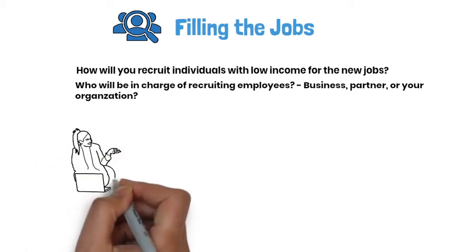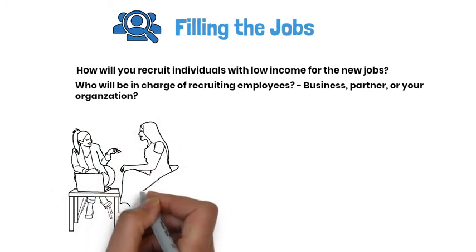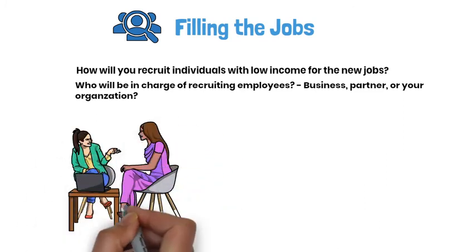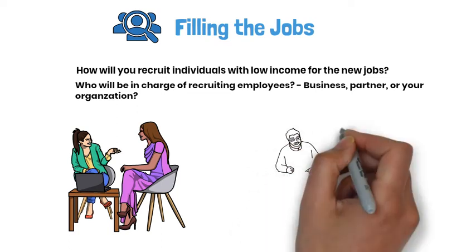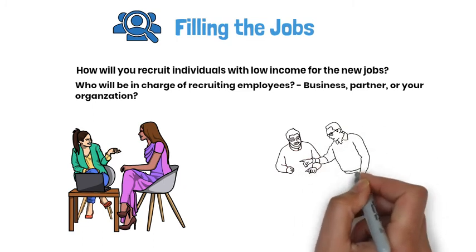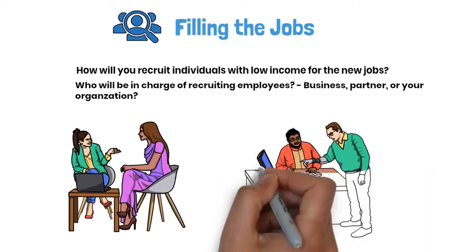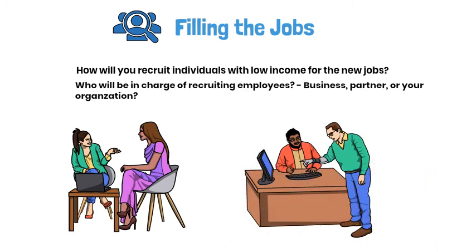While some businesses may be able to recruit on their own, in other cases, recipients may need to provide assistance or partner with an organization, like the local TANF agency or workforce center, to fill the positions. A well-designed project will have a viable recruitment strategy and tracking system in place to ensure that a minimum of 75% of the new positions will be filled by individuals with low income.